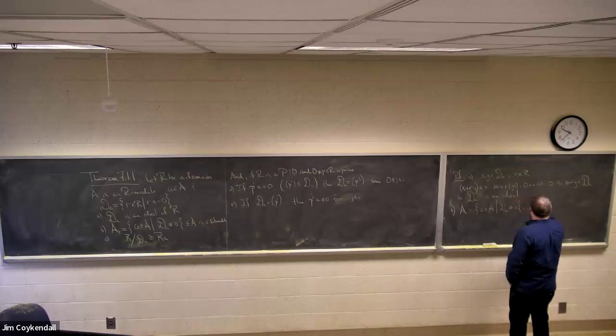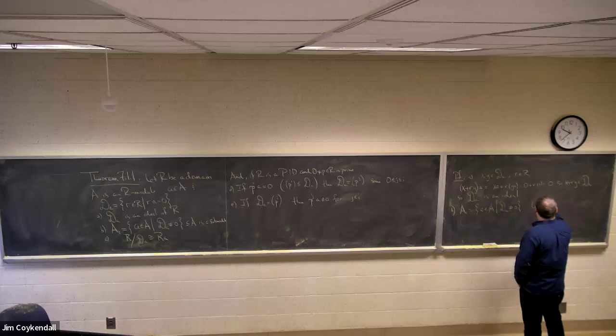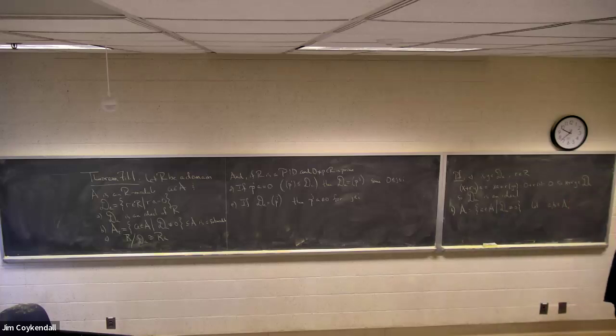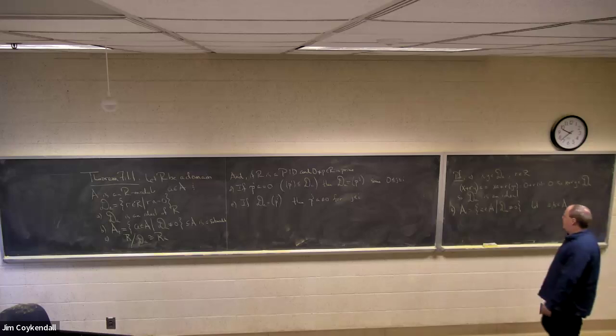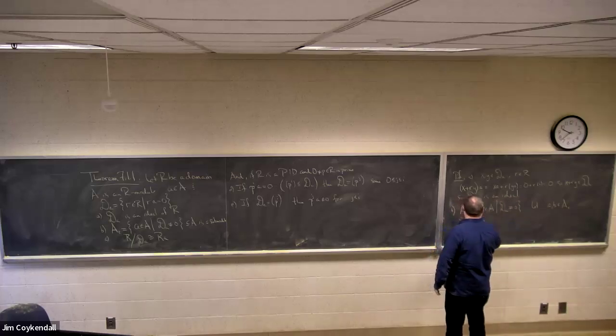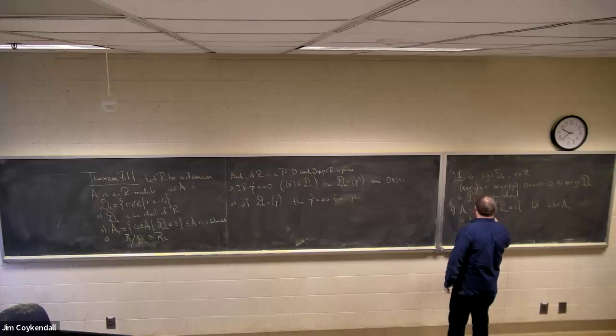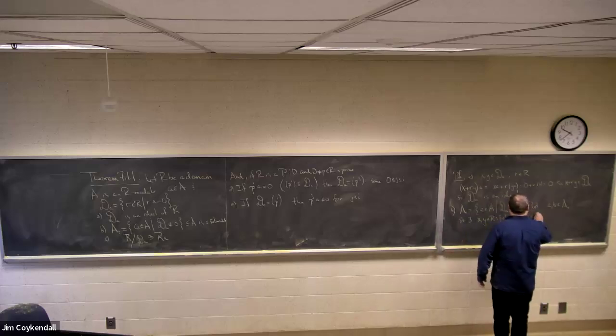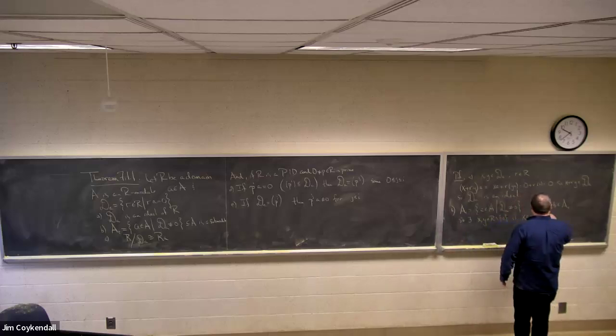Let's let a and b be in it. What does this mean? There exists x, y, and r, not 0, such that xa is 0 and yb is 0.